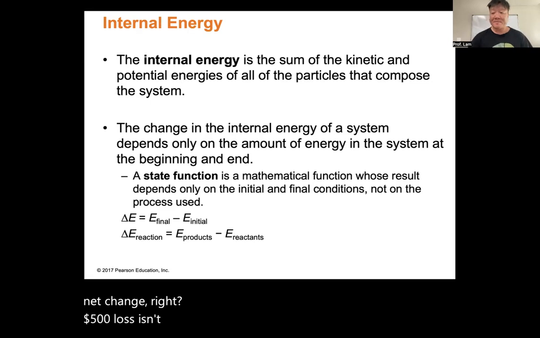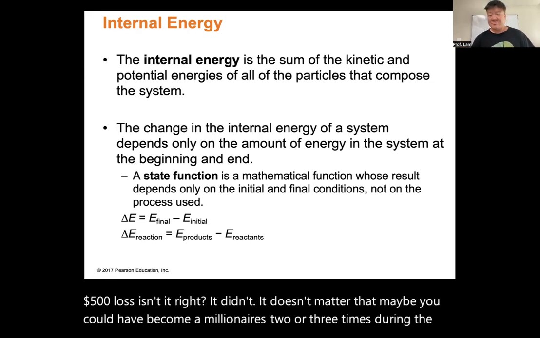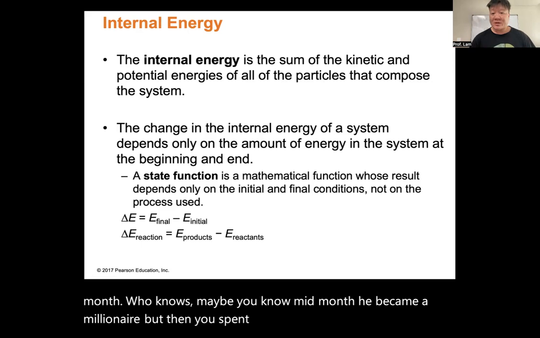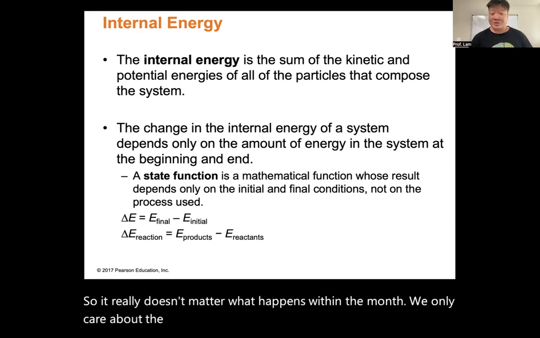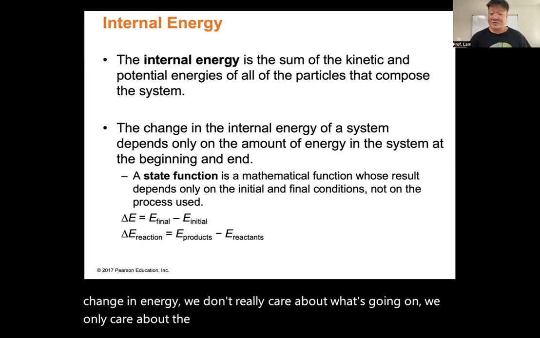It doesn't matter that maybe you could have become a millionaire two or three times during the month. Maybe mid-month you became a millionaire, but then you spent it all. So it really doesn't matter what happens within the month. We only care about the final and the initial state. So measuring change in energy, we don't really care about what's going on. We only care about the initial and final conditions, not the process.